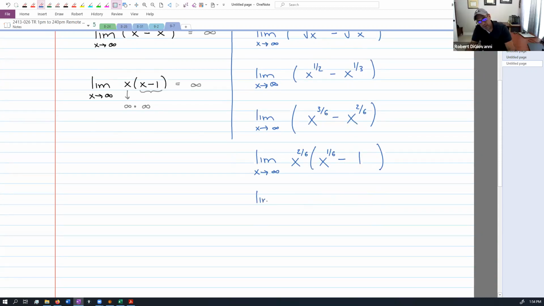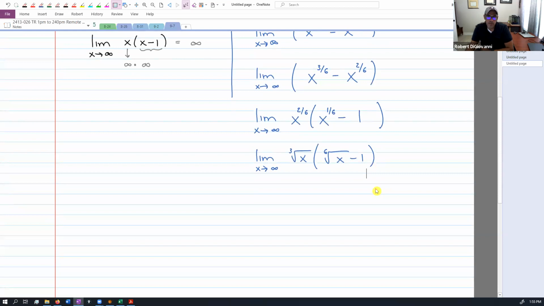So this is really the cube root of x, because x to the 2/6 is the same as x to the 1/3. And this is the 6th root of x minus 1. And now that you've got it factored, you can verify that that goes to infinity times, and then this right here is infinity minus 1, which goes to infinity.